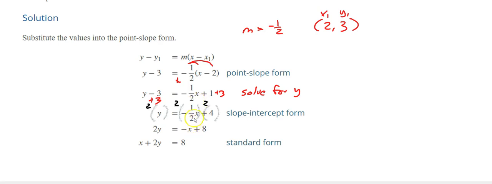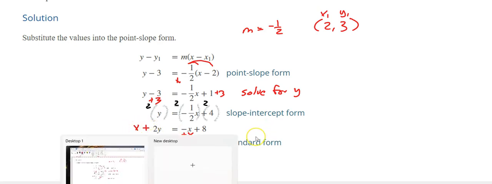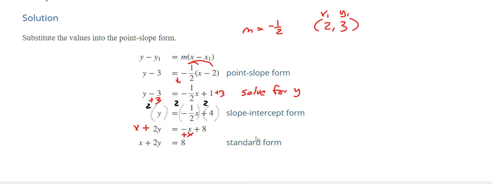Then you're going to be left with the negative x, and then you're going to have 2y. Well, then right here, they're just going to add x and then x plus. Okay, that's how we're getting to standard form. Like I said, you're going to see it a little bit better shortly.